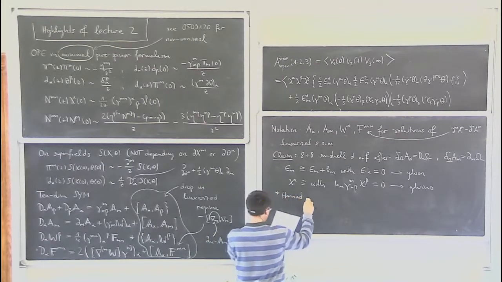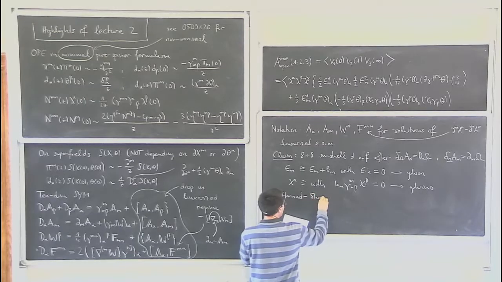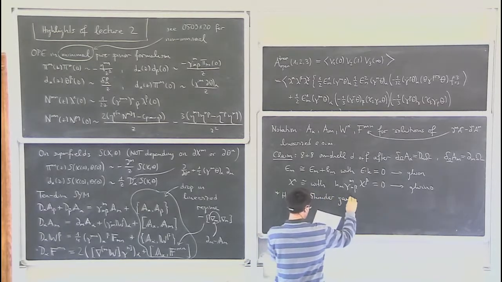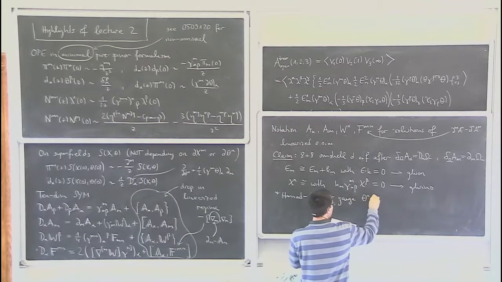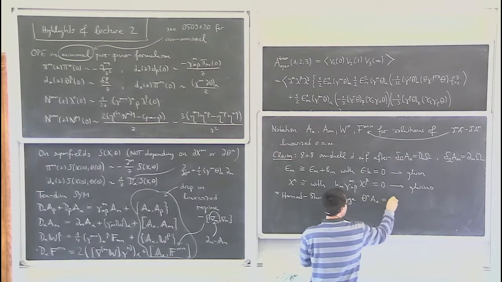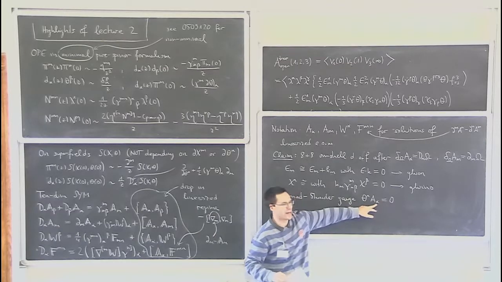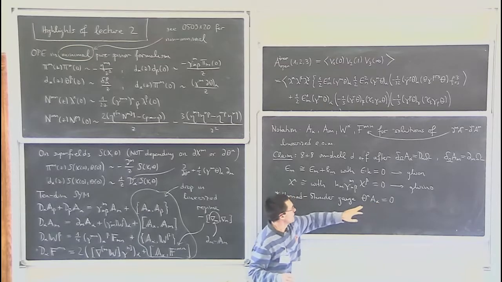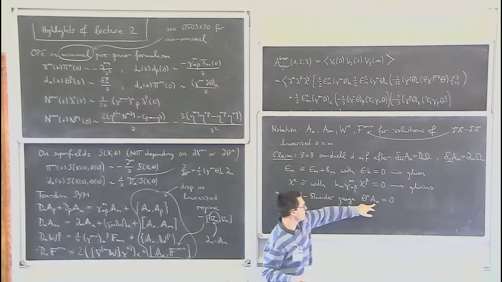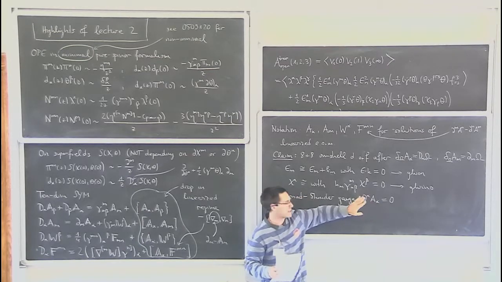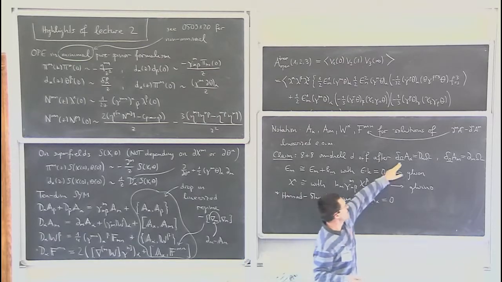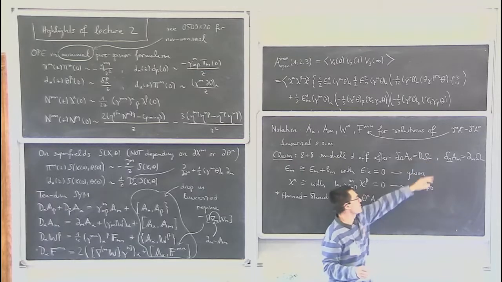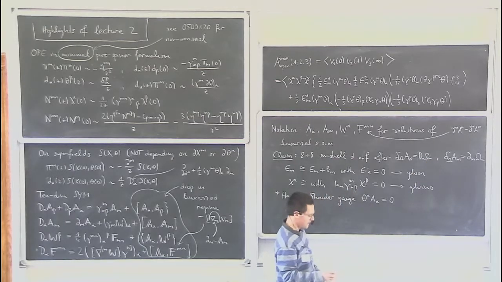For 10 dimensions, it's convenient to go into Harnad-Schneider gauge, which is defined by imposing this contraction, theta alpha A alpha. We want this to vanish. And you can always attain that. Suppose you start with an A alpha where this doesn't vanish. Then you can add some D alpha of omega. You can always find a scalar omega such that you enforce this.